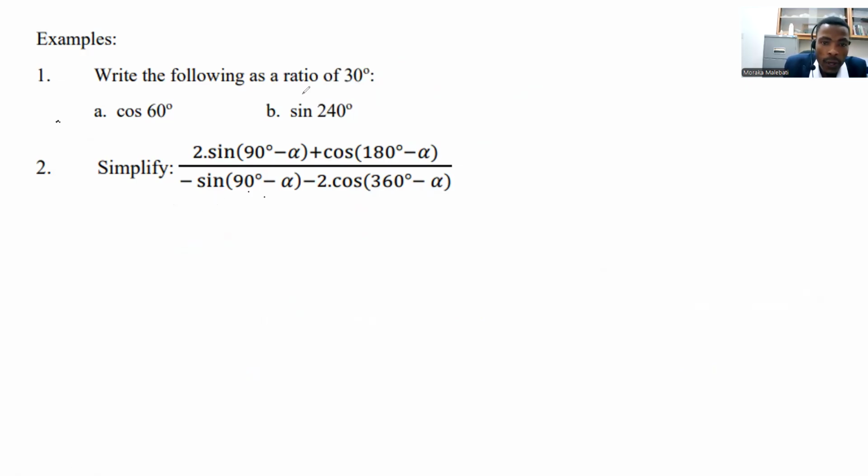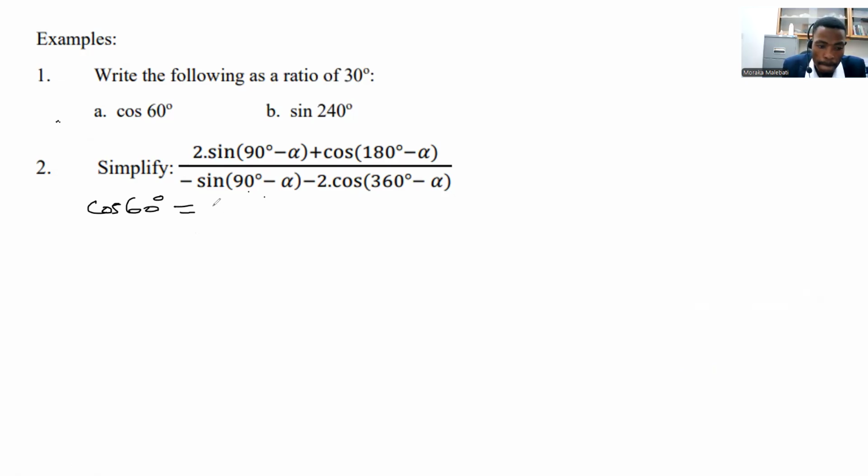They say write the following as a ratio of 30. So you have cos 60 degrees. What do we know from this?